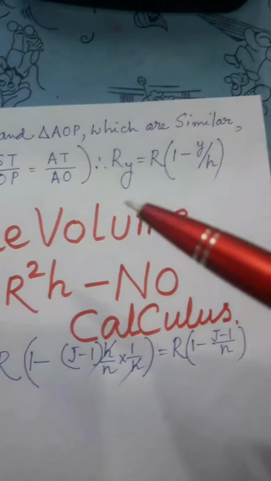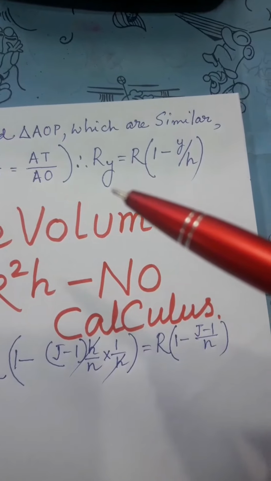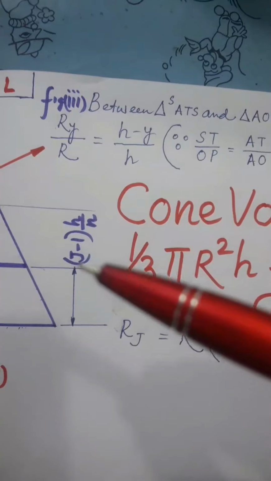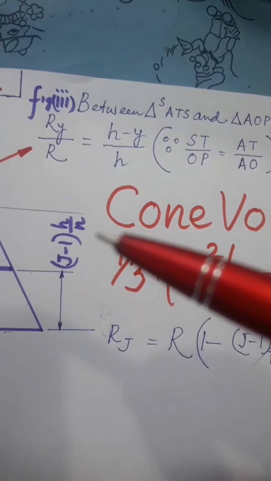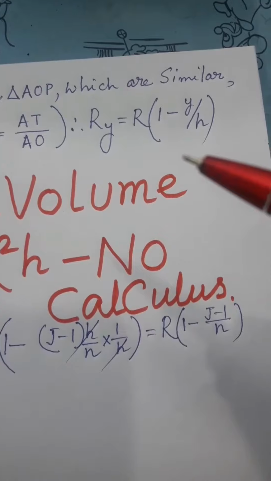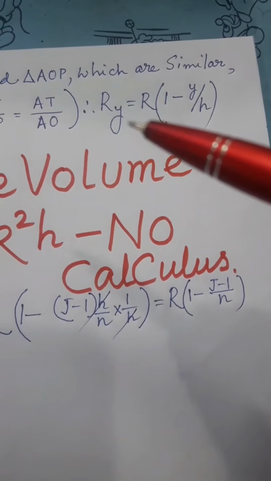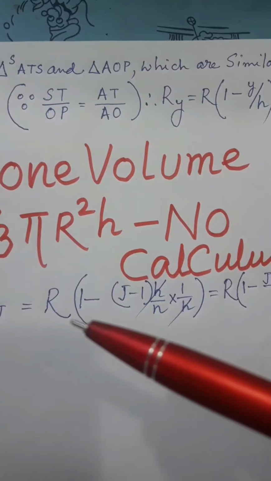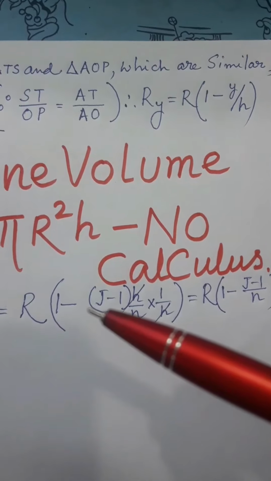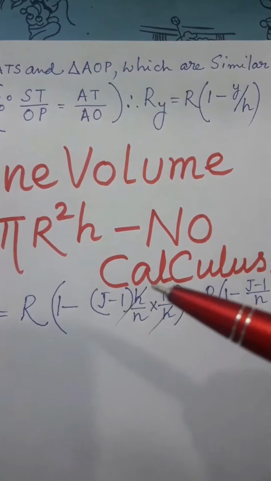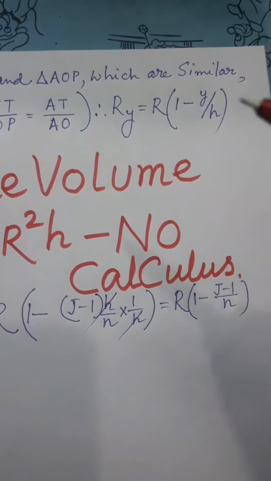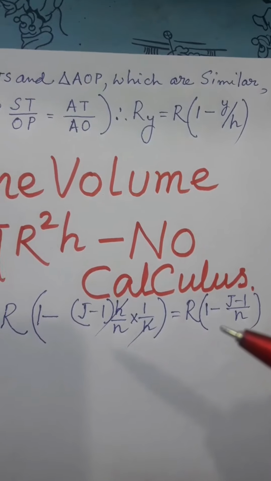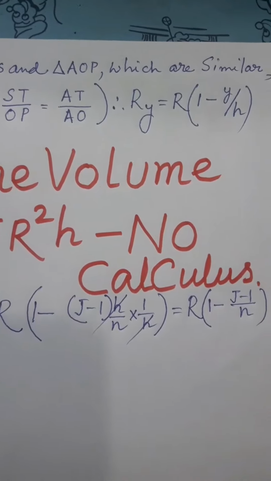So in this equation, y is replaced by (j minus 1) into h by n, and thus ry is replaced by rj, and we can write r into 1 minus (j minus 1) into h by n into 1 by h, that is r into 1 minus (j minus 1) upon n.